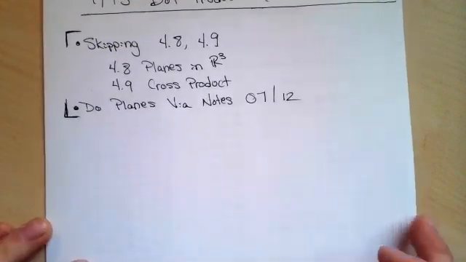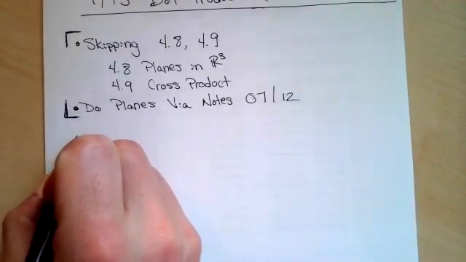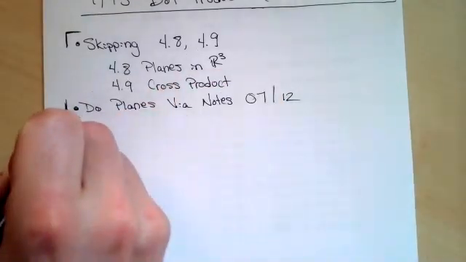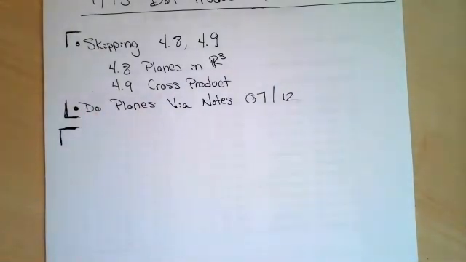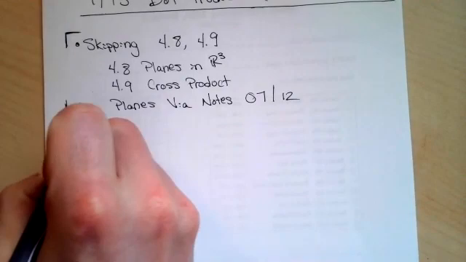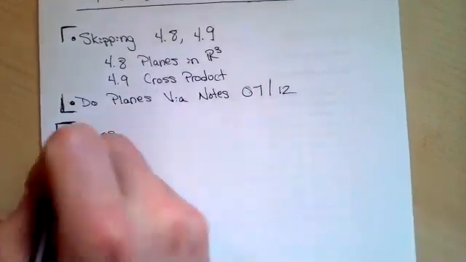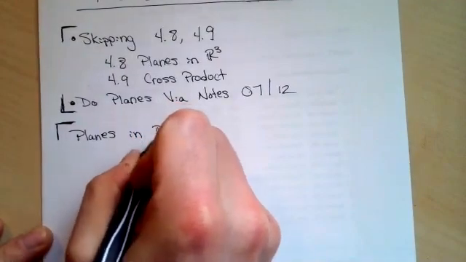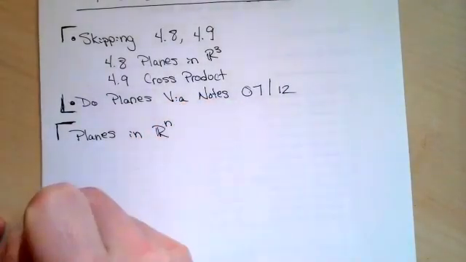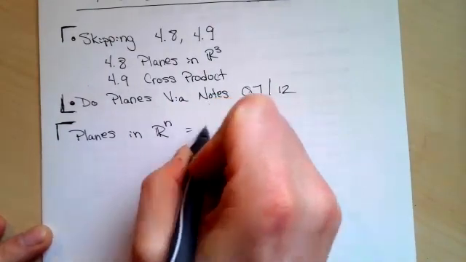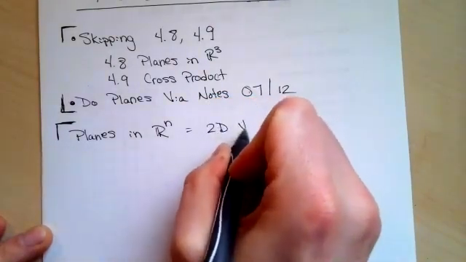Okay, so yesterday we ended off with planes, and the way we are going to be doing planes in Rn, we defined as 2D vector spaces.